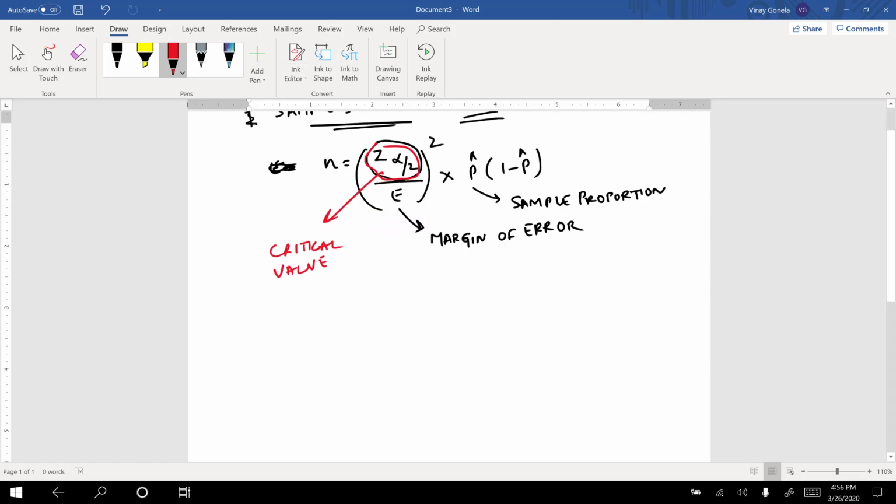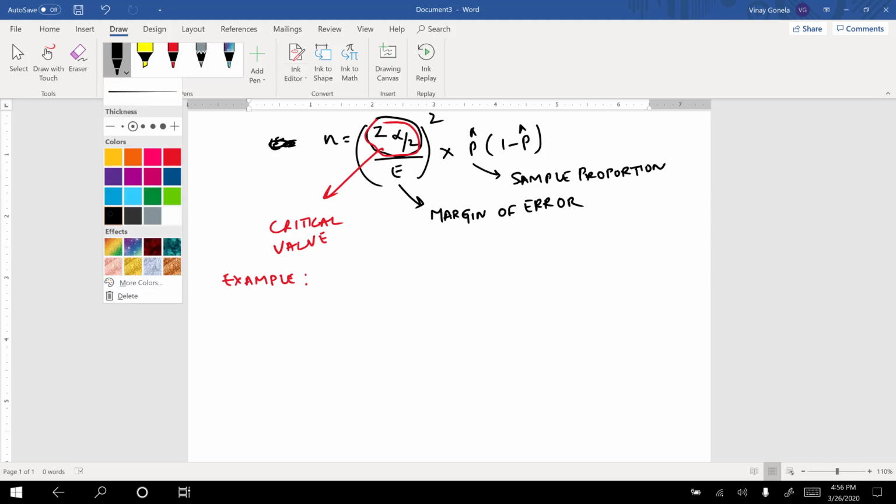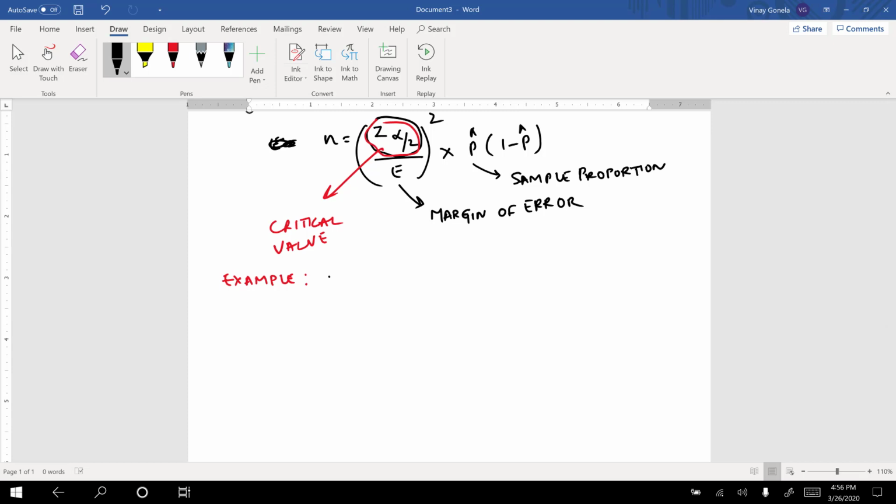So I will try to use an example. The example is p hat is given as 0.42, and margin of error is 0.3, and confidence interval is 99%. So what is our n?